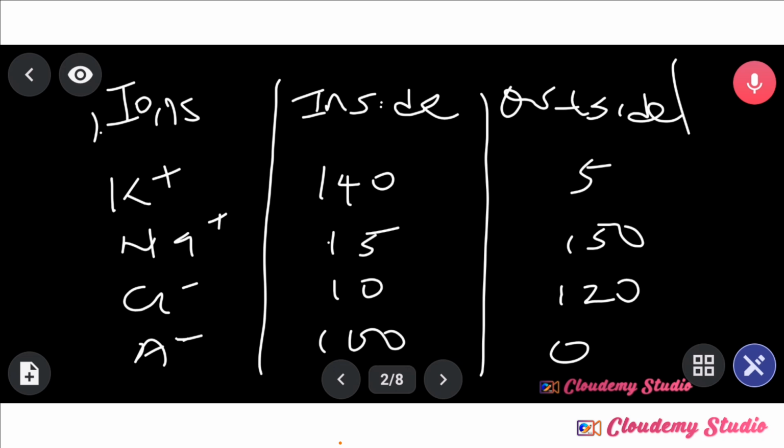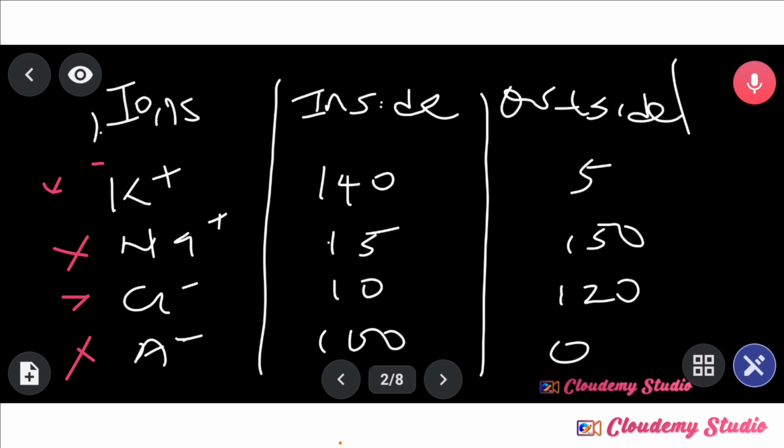Now, the membrane of neurons, like all other cellular membranes, has special permeability that creates ionic imbalances between the interstitial fluid and the surrounding environment of the neurons. And these ions in the interstitial fluid as well as the surroundings include potassium, sodium, chlorine, and the anions.